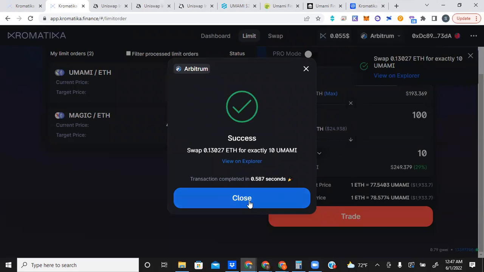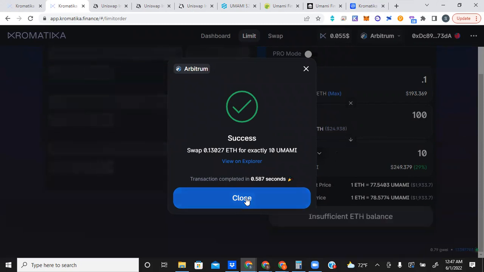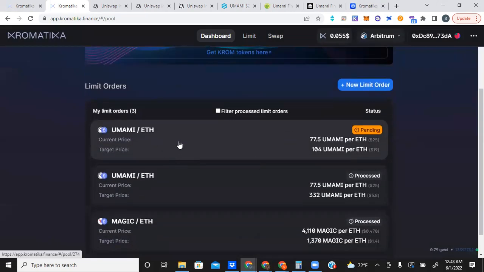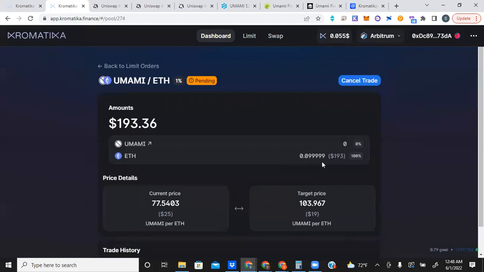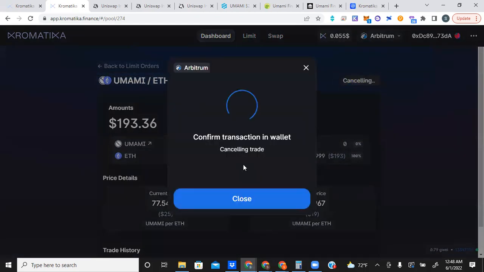Cool. So yeah, I got this liquidity position ready to go, and that's it. And then it'll show up here. It'll show pending. And if it doesn't work out, you just cancel the trade. It might be spending $1 or $2 to, let's see how much it costs to cancel.